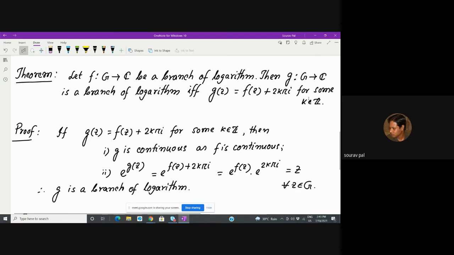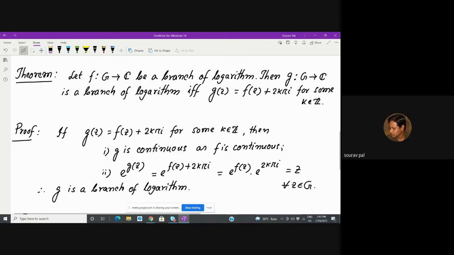If you make it for all, then you can choose any k, right? So this is not a single valued function then. We are talking about a branch of logarithm, and a branch of logarithm is a well-defined single valued continuous function. Okay, sir, now I got it. After all, it is mentioned that g is a branch, so definitely it is for some k.